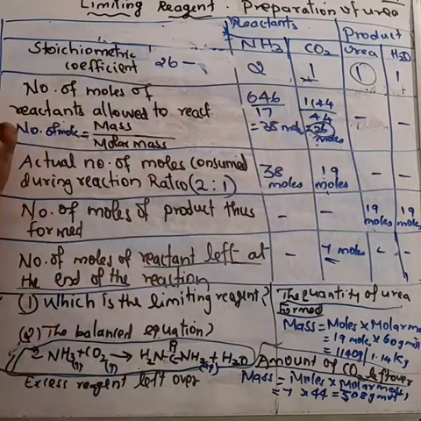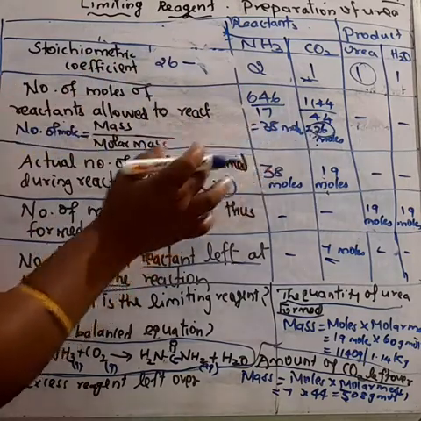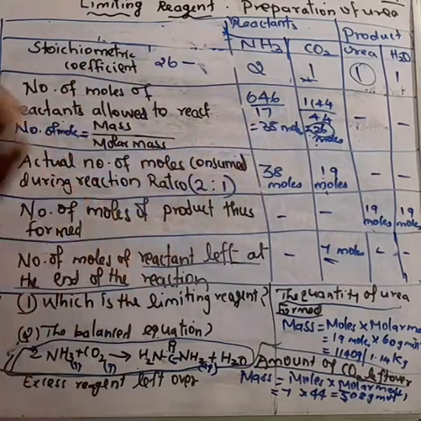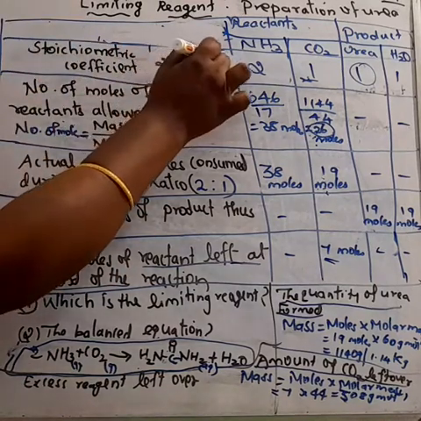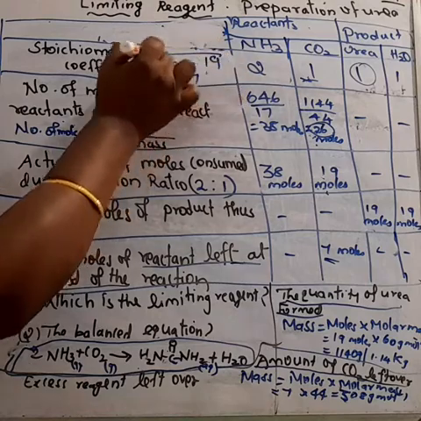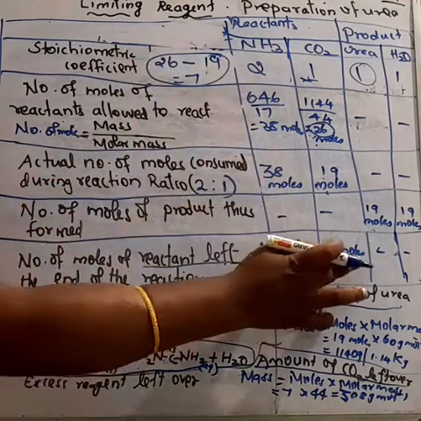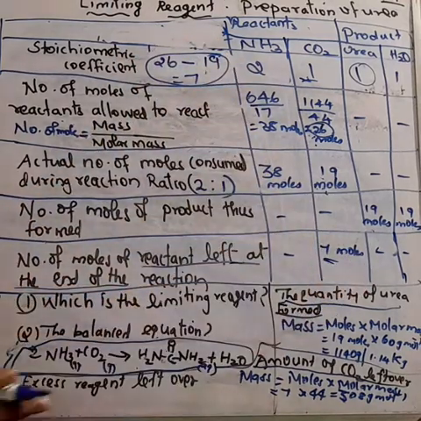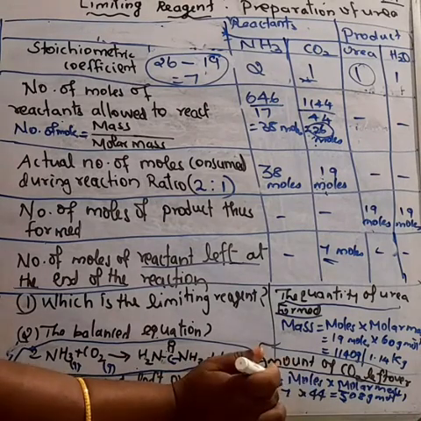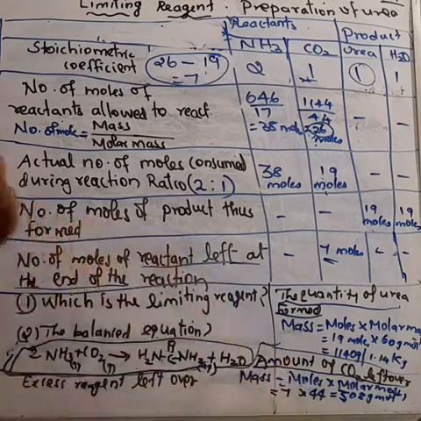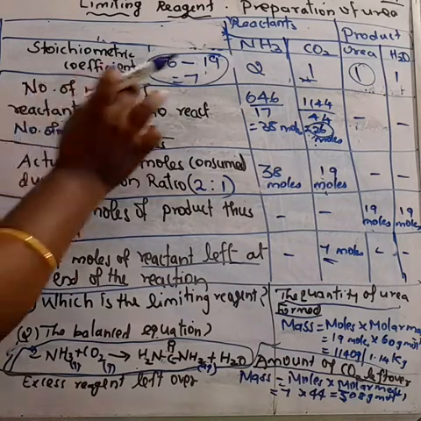Why is it 7 moles? Totally 26 moles of carbon dioxide are present here, but only 19 moles are consumed.